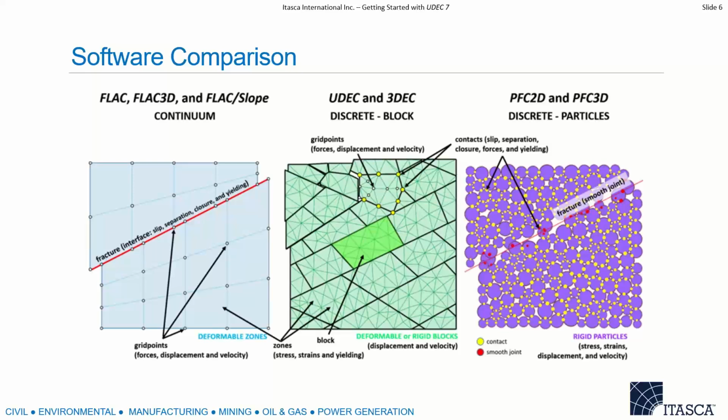In the middle, we have UDEC and its 3D version, 3DEC. What you can see is this assembly of blocks that can interact with each other at the points of contact, but the blocks themselves can also deform. And on the right-hand side, you have the pure discontinuum approach, which is PFC, where you have particles interacting with each other at the points of contact, but the particles are not themselves deformable.